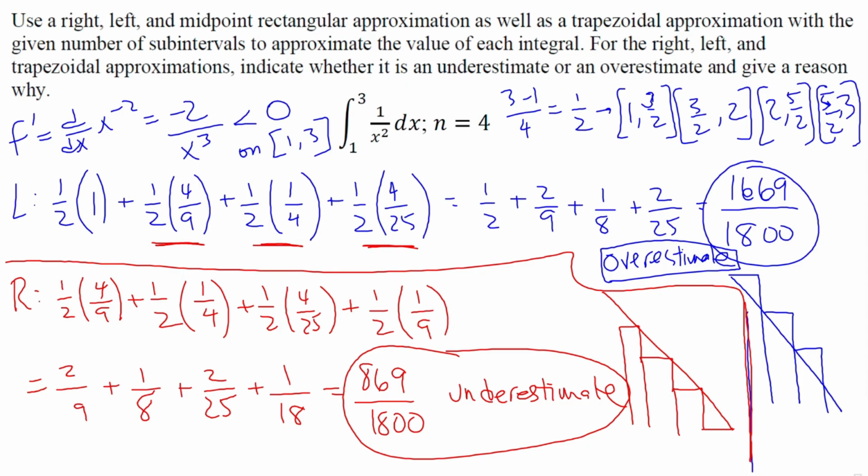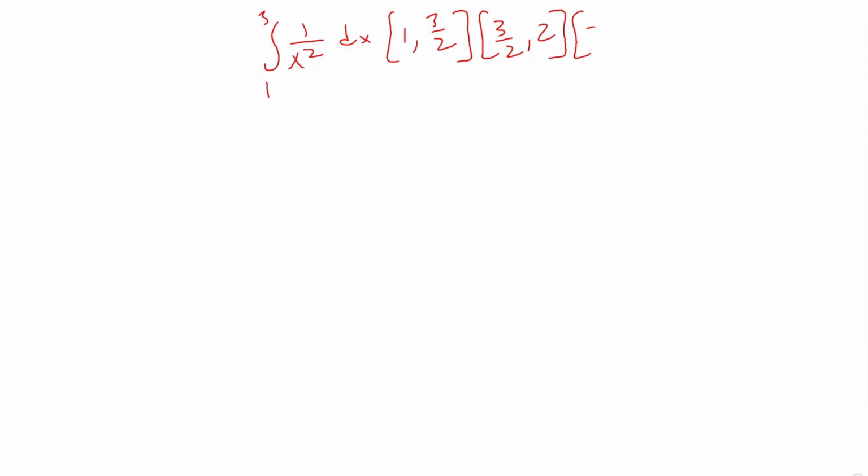All right, for our next one, it's midpoints. So our function, we were talking about 1 to 3 of 1 over x squared, and our intervals were from 1 to 3/2, from 3/2 to 2, from 2 to 5/2, and from 5/2 to 3.